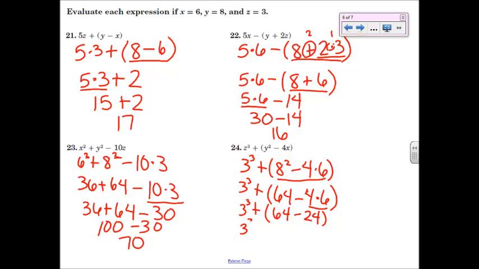So 3 cubed plus 40. Then outside the parentheses, now that I've gotten rid of those, I still do, please excuse my dear Aunt Sally. So now I'm going to do the cubed. 3 cubed is 27 plus 40. 27 plus 40 is 67.